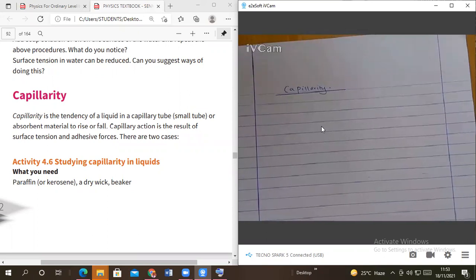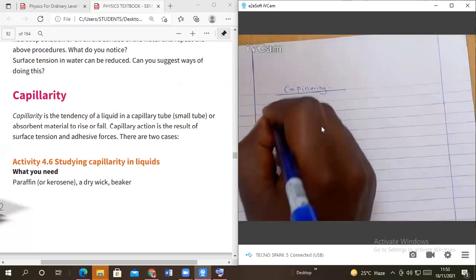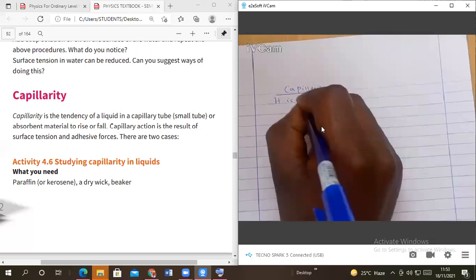For example, a towel can absorb water. A blotting paper can absorb. So the tendency by which a liquid rises or falls in a capillary tube or absorbent material is what we call capillarity.